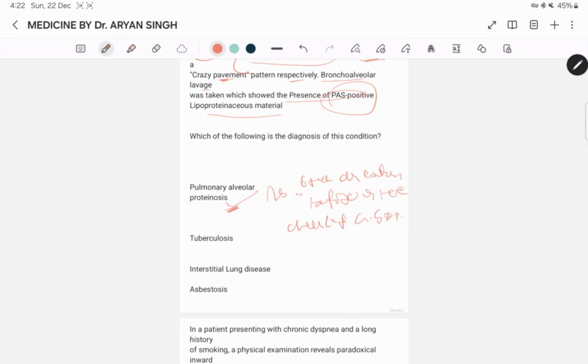Chest X-ray shows bat wing appearance of lung infiltrates and a crazy paving pattern respectively. And PFT, pulmonary function test, shows a restrictive pattern. FEV1 or FVC is normal or increased. The investigation of choice is BAL, bronchoalveolar lavage, showing presence of PAS positive lipoproteinous material.